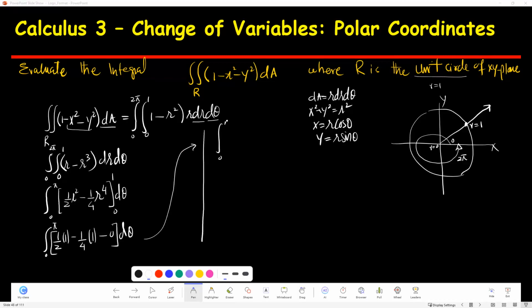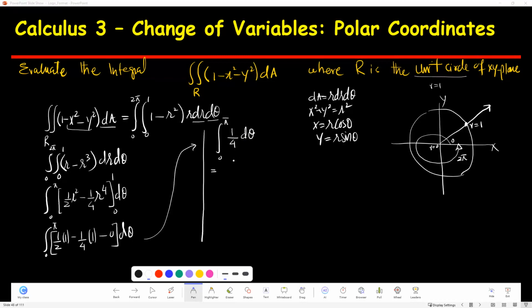I'm going to move to solve on the other side of the screen. So half minus 1 over 4 is going to be, no, we have to substitute the values, so it's going to be 1 over 4, not half, 1 over 4, d theta.